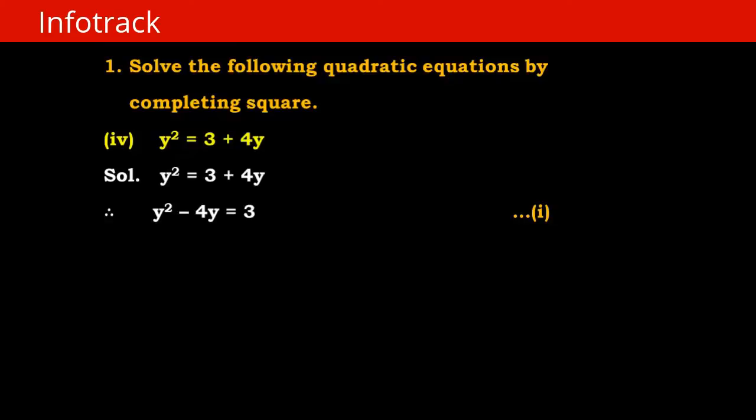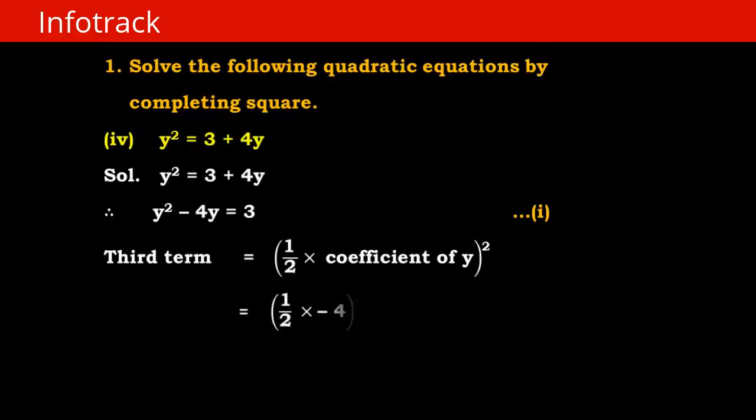Now see, you have to find the third term. And what is the formula to find the third term? Third term is equal to half into the coefficient of y, the whole square. So half into the coefficient of y, which is minus 4. So half into minus 4 the whole square. So you have to square minus 2, and minus 2 square is 4.